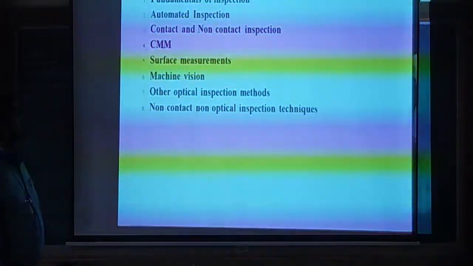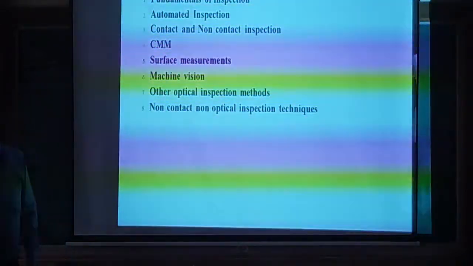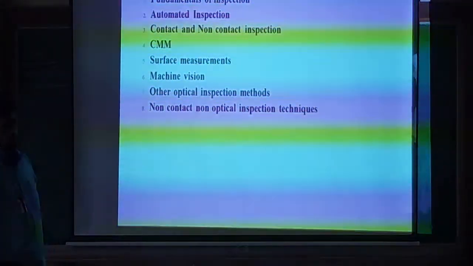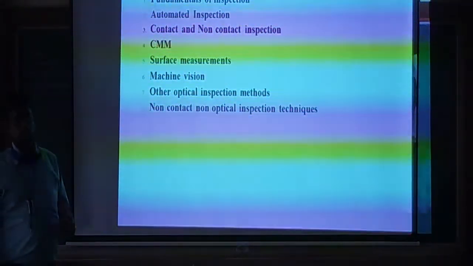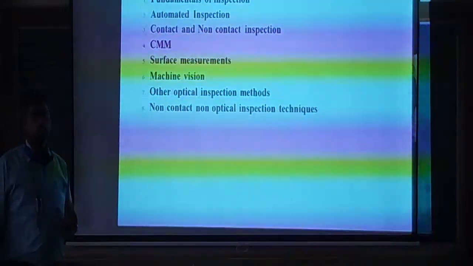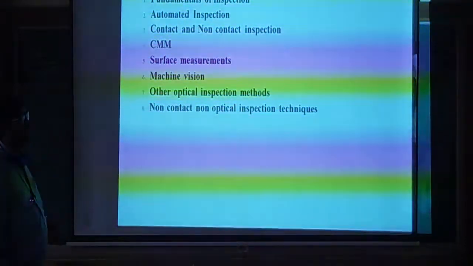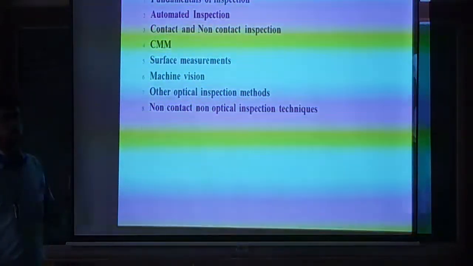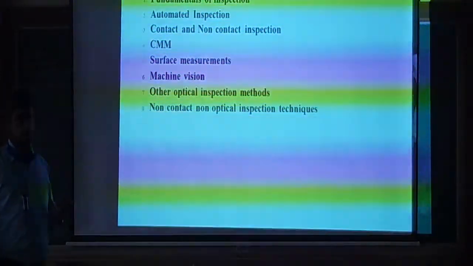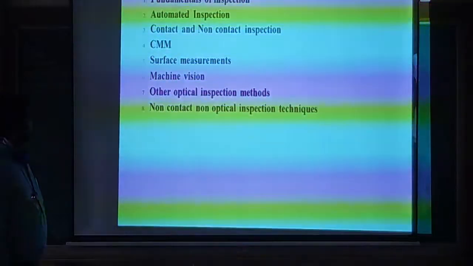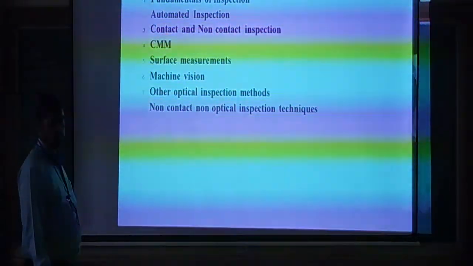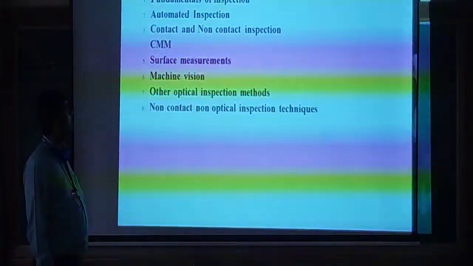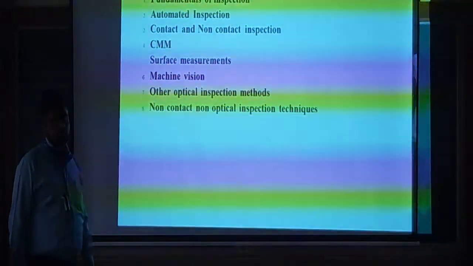In this section on inspection technology, we learn why we go for inspection, why inspection is required, and what the fundamentals of inspection are. So the sections include the fundamentals of inspection.